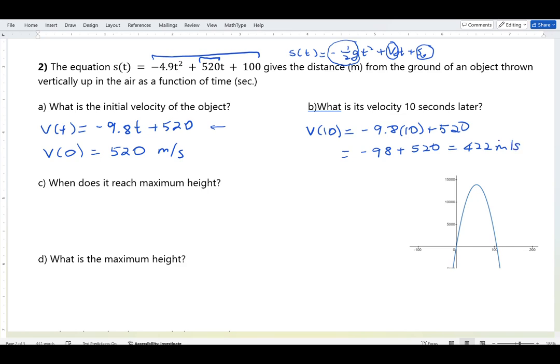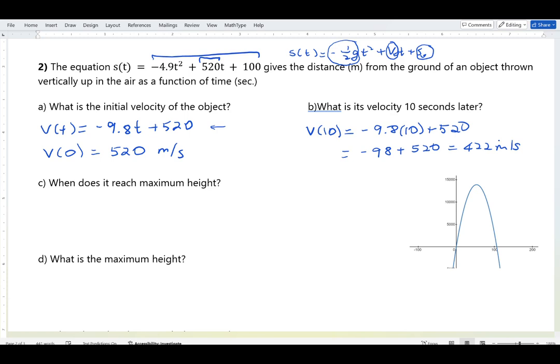So 10 seconds later, the object is still moving upwards, as indicated with a positive velocity, at a rate of 422 meters per second. Notice that it has slowed down, right? Due to the gravitational pull, in the beginning it has the highest velocity, and then as time goes by, its velocity is getting less and less, right?